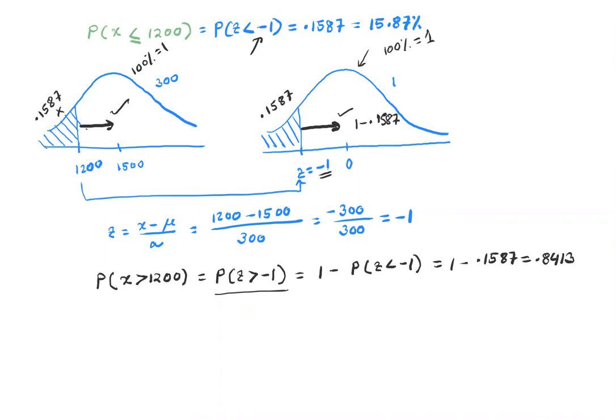So if you understood this, you understood a lot, okay? So this is how you're going to find out probabilities. Now, if I were to ask you, find the probability that someone makes less than, let's say, 900.